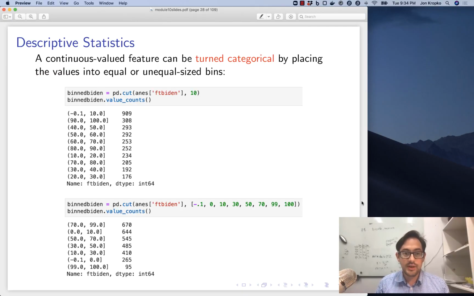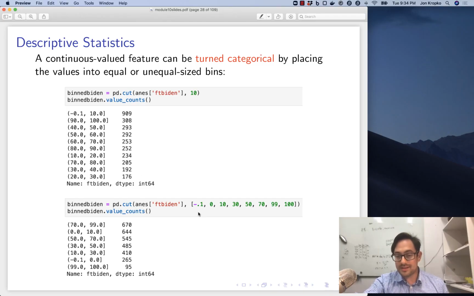Okay, we can also turn a continuous valued feature like the Biden thermometer into categories with pd.cut. So if we write pd.cut, give it the feature, and then write 10, it's going to give us 10 equally spaced bins, right? Each one of these comprises a range of 10 on the thermometer scale.